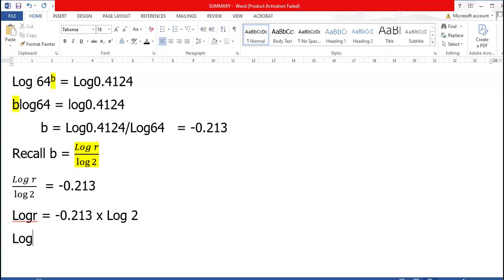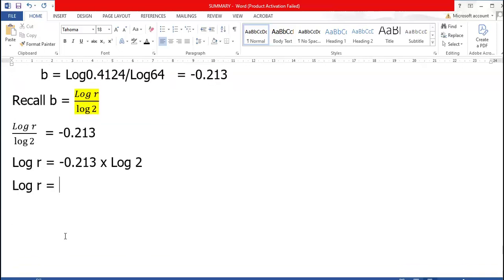Okay, log R will be equal to what? Tell me on your calculator, get negative that times log 2, what do you get? Negative 0.708. But I have a different one.